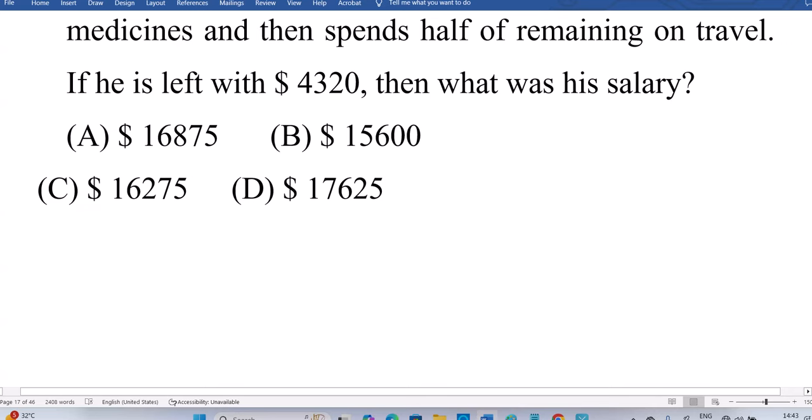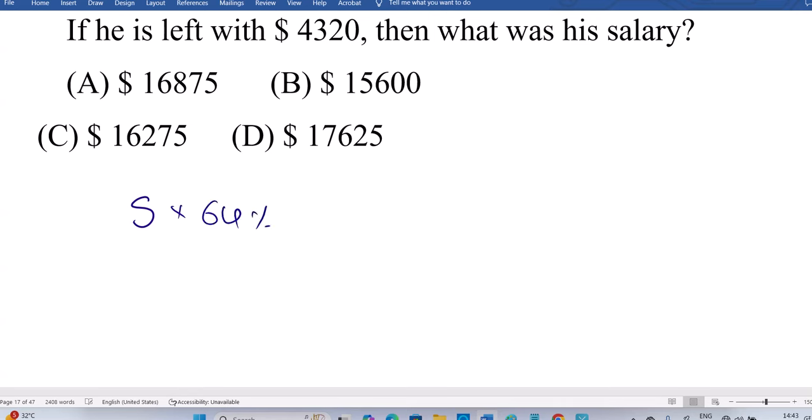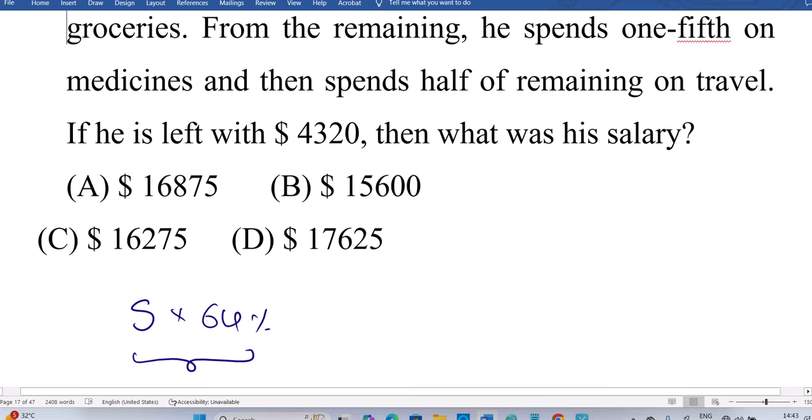Listen, this is very simple in the exam. Salary is something. Initially, how much is gone? 36% gone, so available is 64%. I don't want to create separate values, I want only one equation, and your answer will be complete. But my dear friend, are you understanding why that 64%?